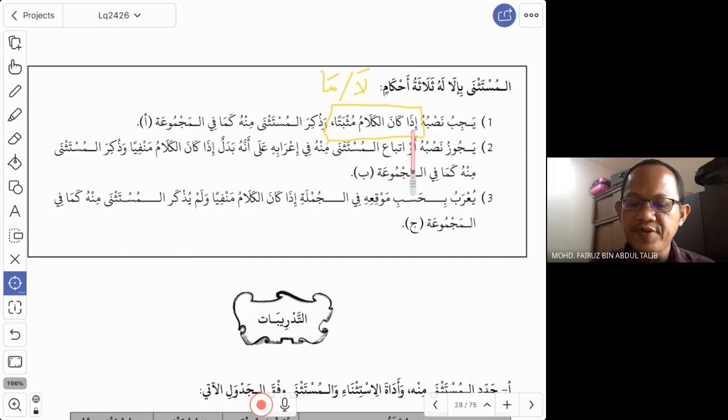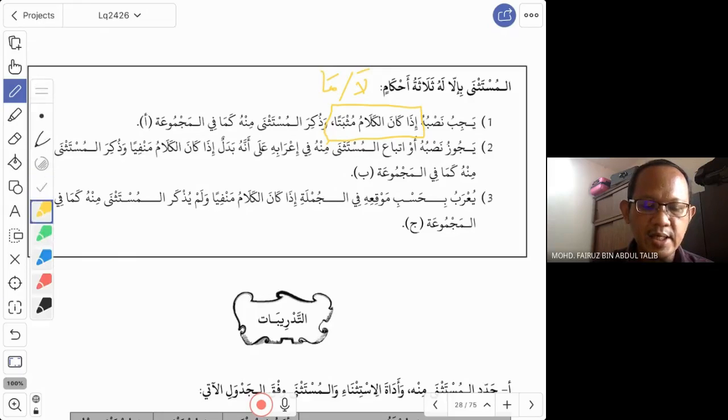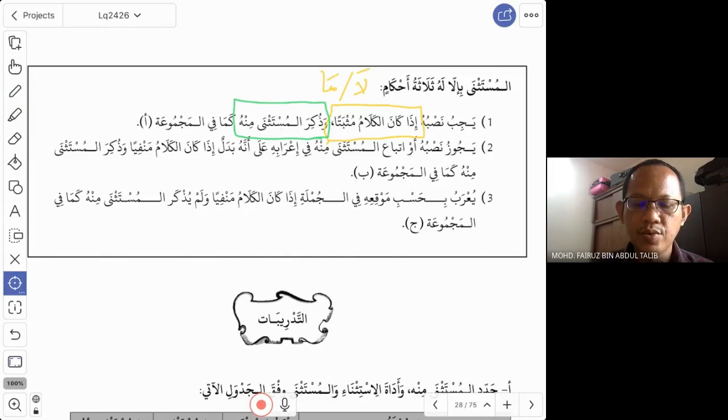So this is the first condition: the kalam, the sentence, is muthbat, no la, no ma. The second condition is wa dhukira al-mustathna minhu, and the mustathna minhu is mentioned. So you have the mustathna minhu in the sentence. Again, the sentence has no la or ma, and the mustathna minhu is mentioned.